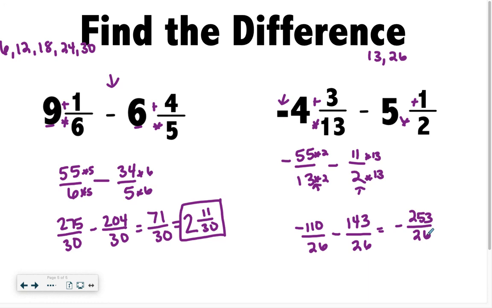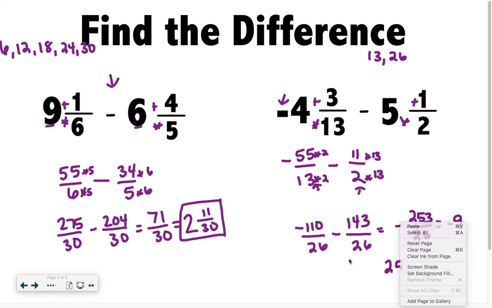So if I do negative 253 divided by 26, I get negative 9, and then I have a decimal there. The reason I did that on my calculator was just to figure out how many times it can completely go in there. So then 26 times 9 is 234. So I say 253.